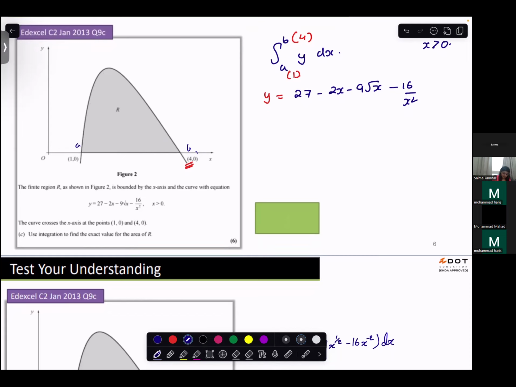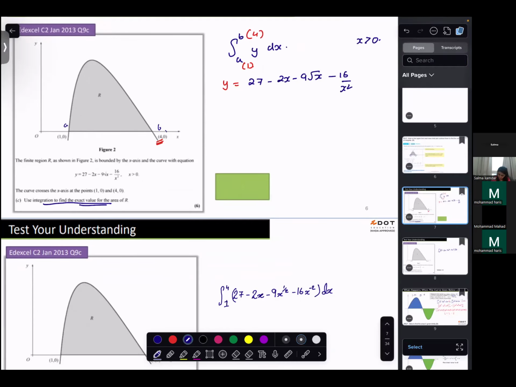They're saying use integration to find the exact value for the area of R. Because I do not know further rules, whenever I'm doing integration or derivatives, I would put it in the index form. Anything in the index form.